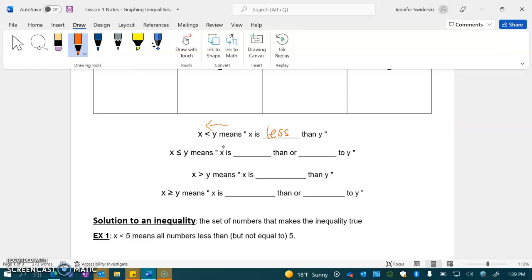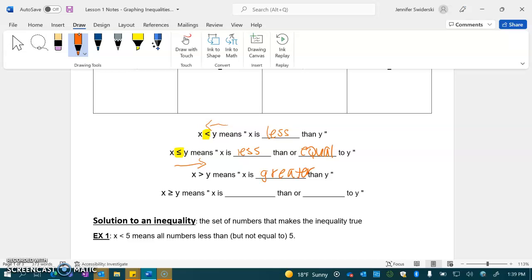For this one, you're going to notice the symbol looks pretty much the same as the one before. The only thing that's different is that bar underneath. That is x is less than or equal to y. This next one is x with an arrow going to the right. That means x is greater than y.